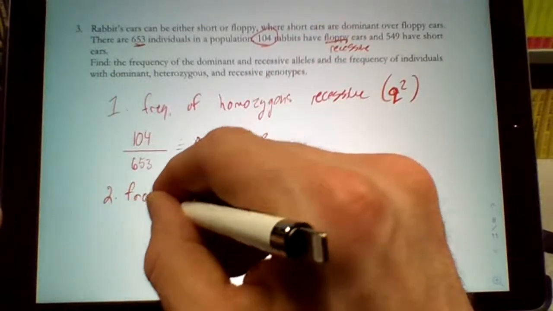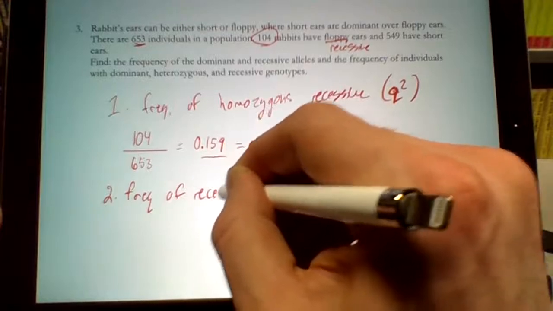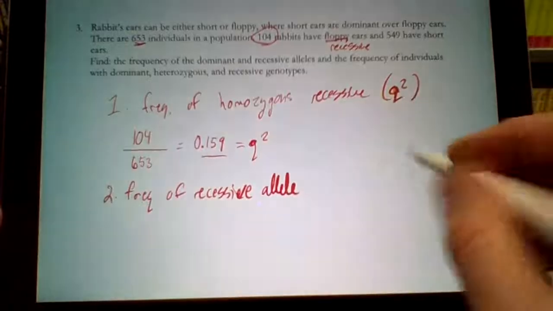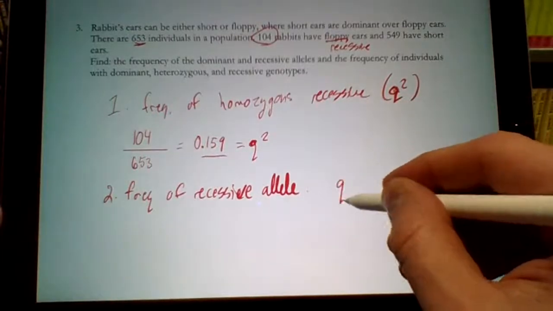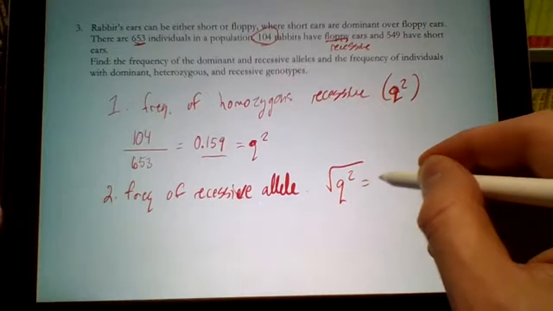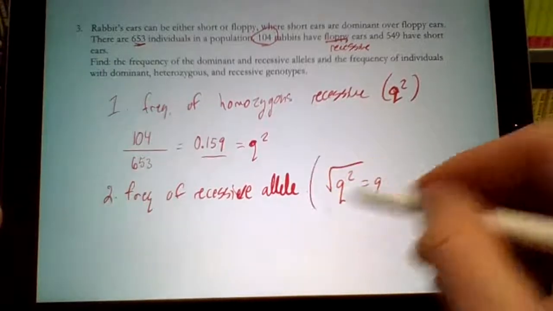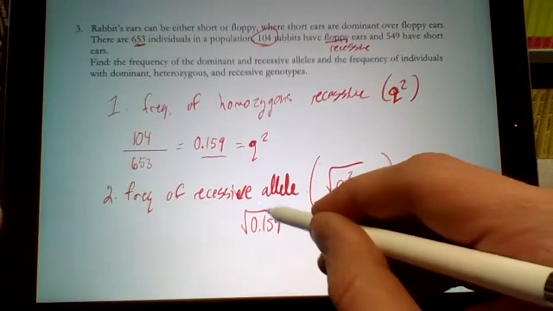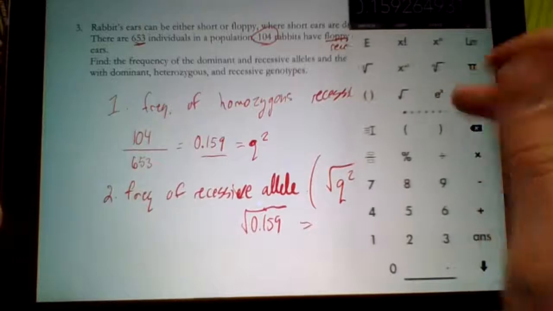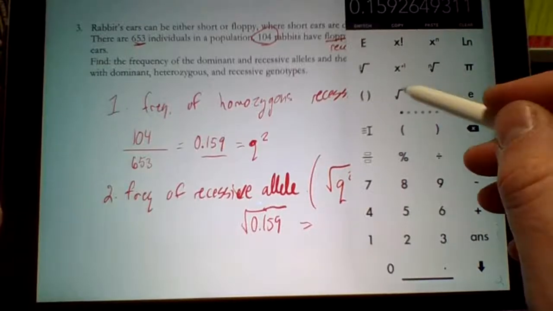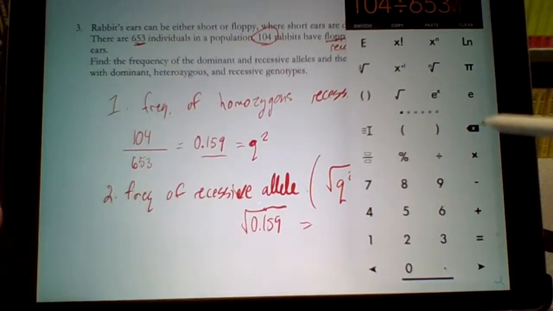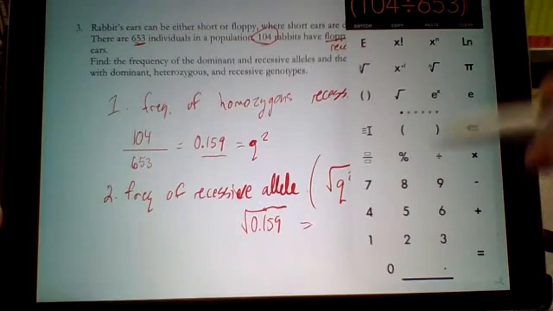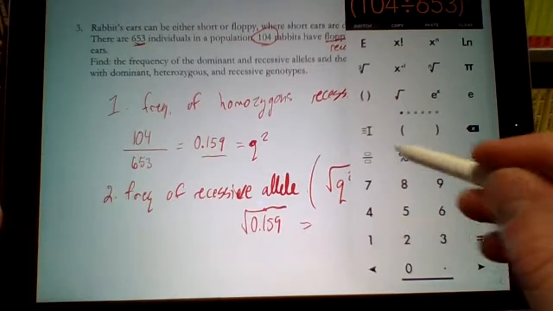Step 2: what is the frequency of the recessive allele? To get that, I'm going to take the square root of q squared to find q. Square root of 0.159 equals, if you have a calculator that can do this kind of thing, that's great.